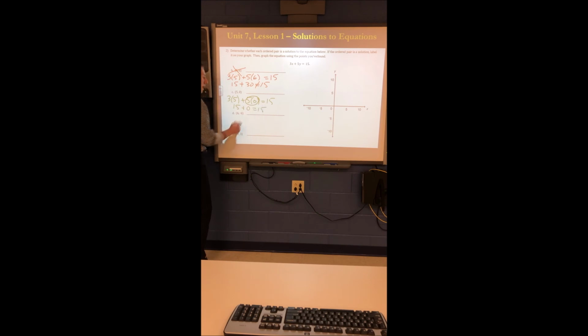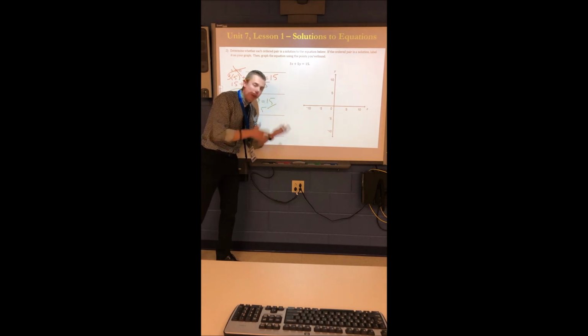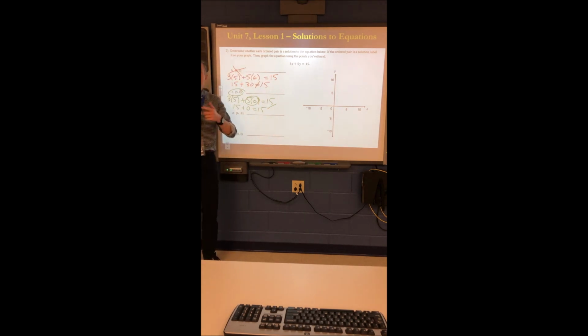Yep. Absolutely. This point is on the line because it satisfies the equation. The way to check and see if a point is on the line is if it satisfies the equation. To be completely honest with you, that is it. So again, rewind, rewatch, behave, and try to understand this stuff.